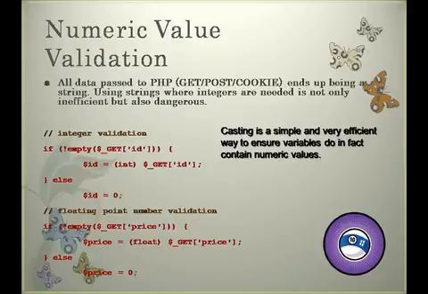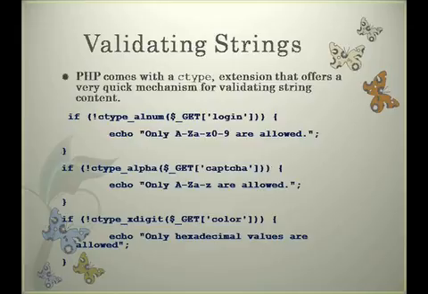So casting is a very simple and very efficient way to ensure variables do in fact contain numeric values. Validating strings: PHP comes with a ctype extension that offers a very quick mechanism for validating string content. Example is given below.